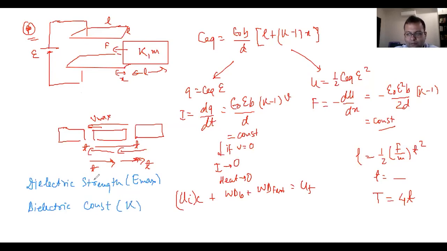I can say that the voltage, right? What will be the maximum voltage that you can apply? Breakdown voltage. Breakdown voltage is the maximum potential difference that you can apply in the capacitor across the plates.